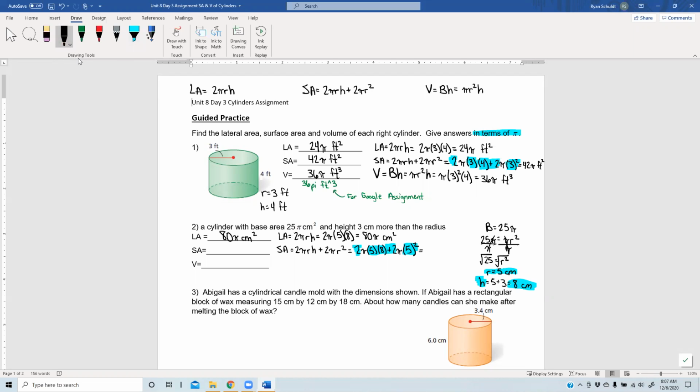If we do it right, we'll get 130 pi centimeters squared.